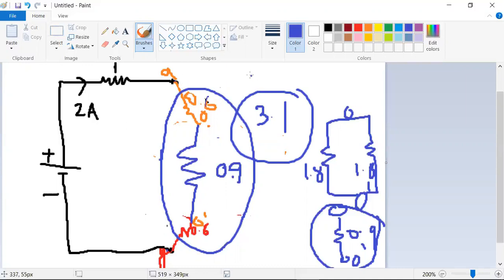I am going to redraw the circuit by removing this.